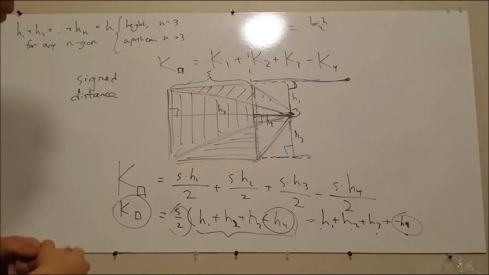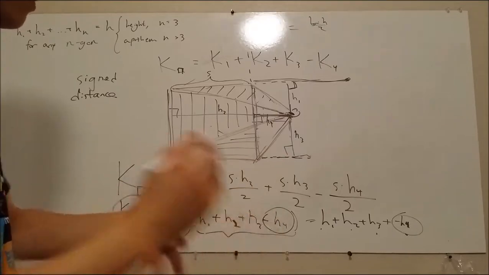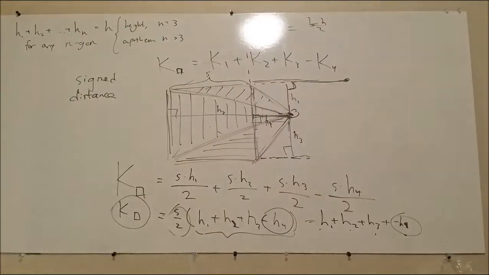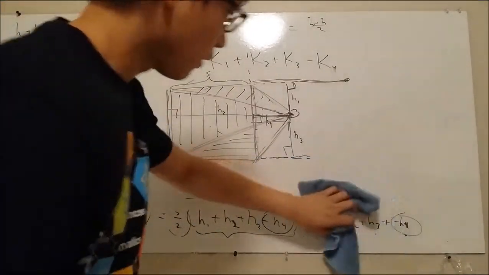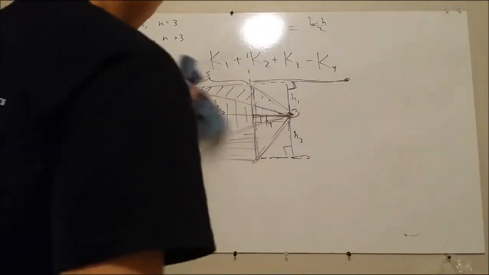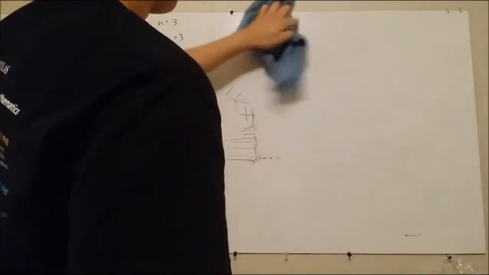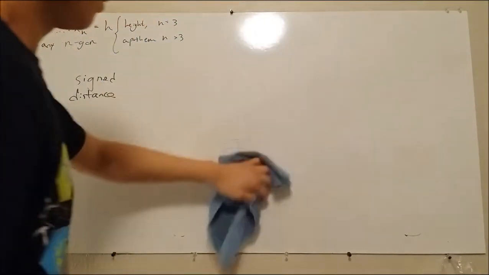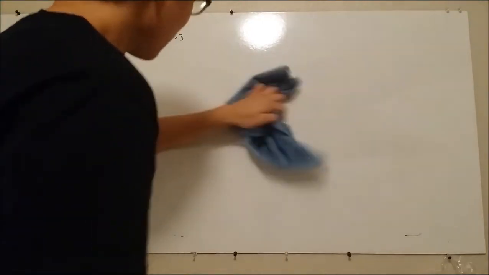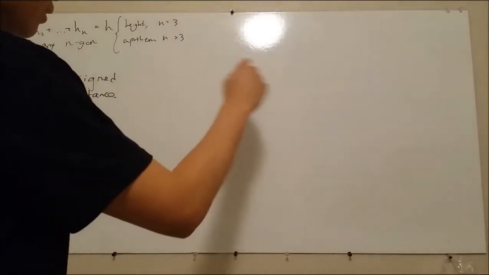Okay. H2, well, I'll try to explain it better in a different diagram. See, this is a kind of a subtle point. It's maybe a little hard to grasp, but it's really not too difficult.